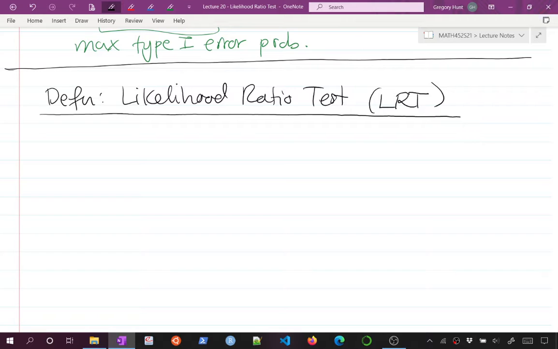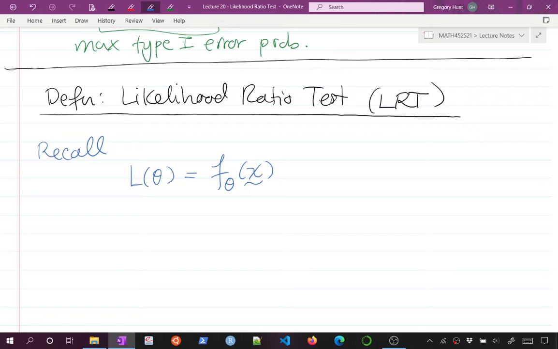So the central object of study for a lot of this course is the likelihood function. So L of theta, we called our likelihood function, which was just a rebranding of f theta of x, right? It was viewing this joint PDF of our random sample as a function of theta rather than as a function of x with theta fixed.